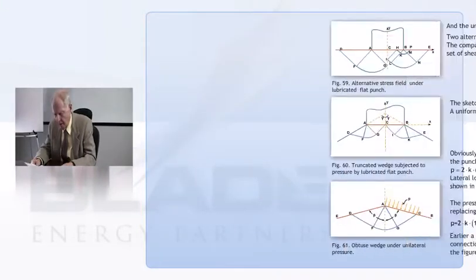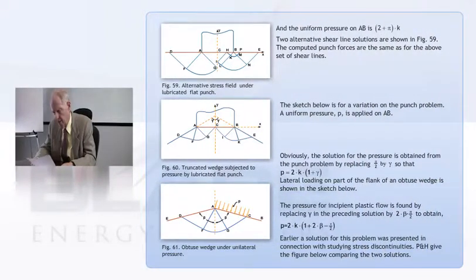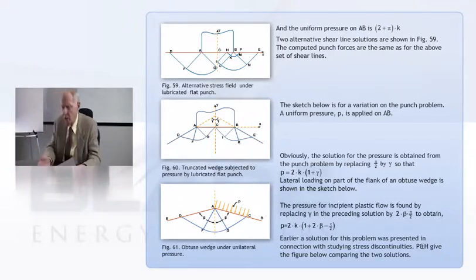So the next slide shows some cute things about this solution. The first is the lack of uniqueness of the answers. So on this next slide, the first picture has, on each side, half of a solution.